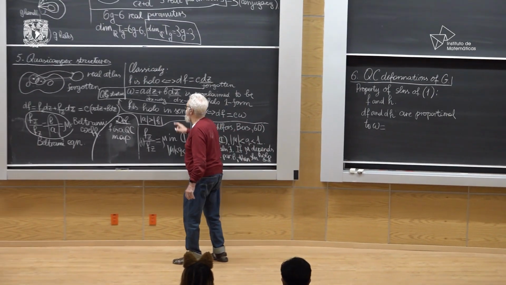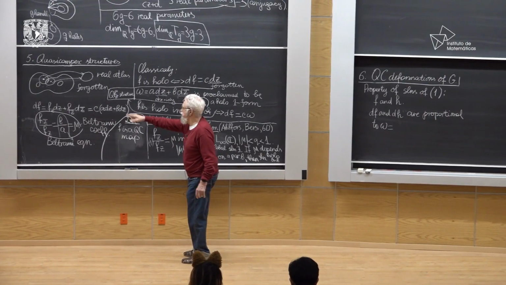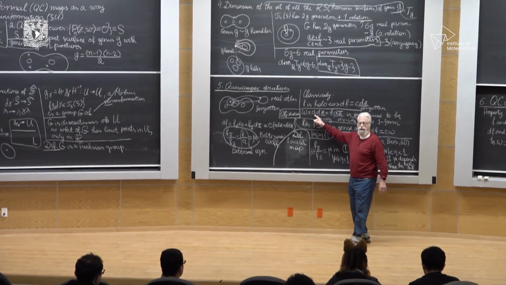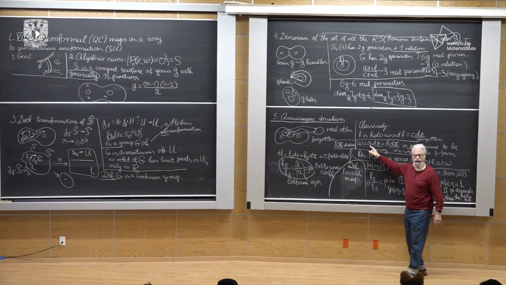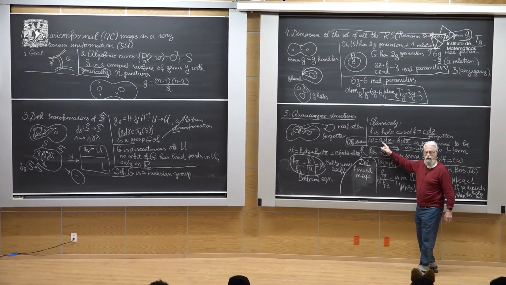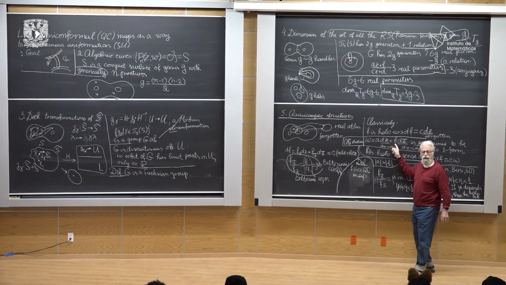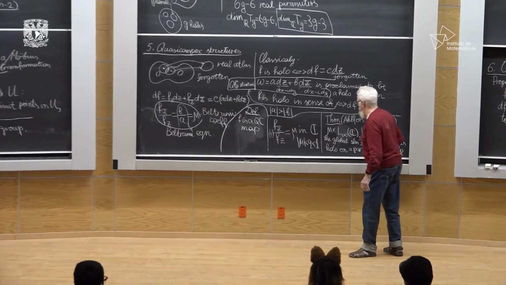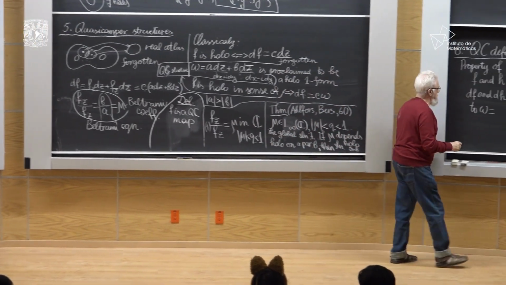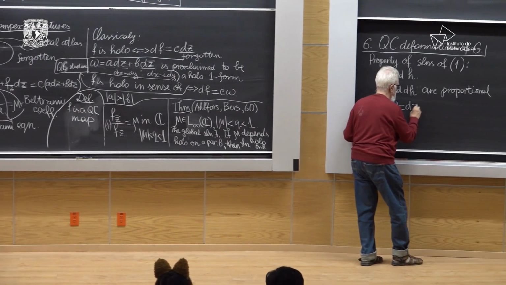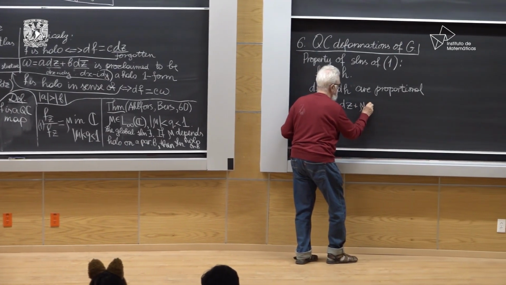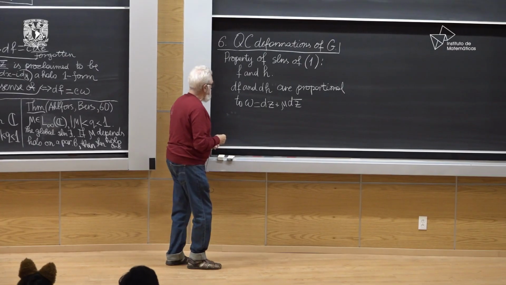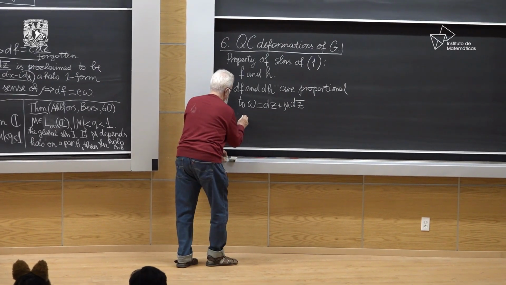Mu is the ratio B over A. So as we did at the very beginning, divide the form omega by A. We will get 1 here and mu here. And this will be the same quasi-complex structure. So they are both proportional to the form dz plus mu dz̄. So they are proportional to each other.